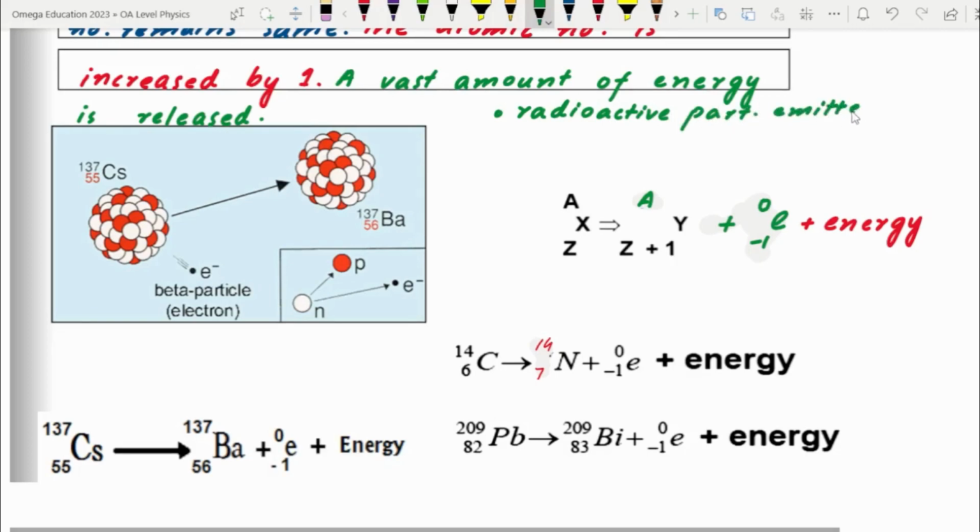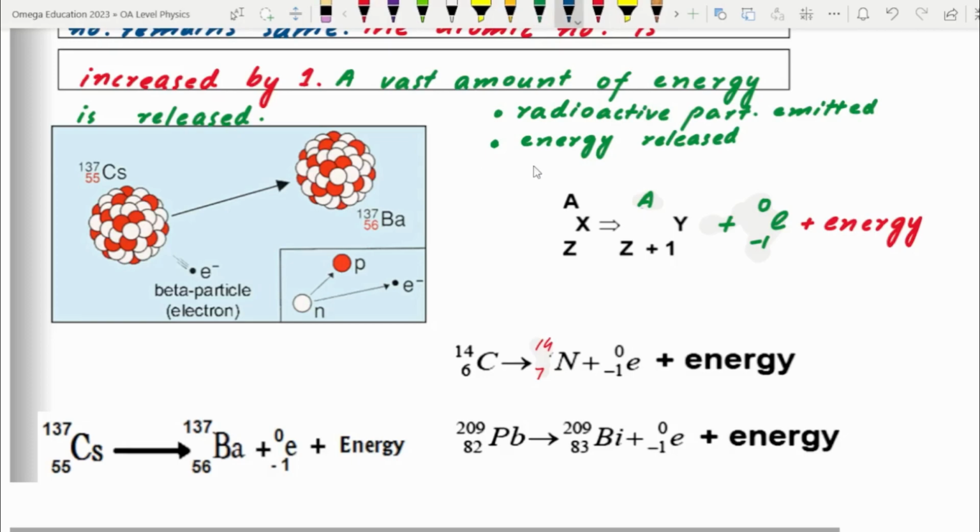The other one, a vast amount of energy is released. Another one, atomic number decreases. Sorry, that is not the similarity, that would be the difference.